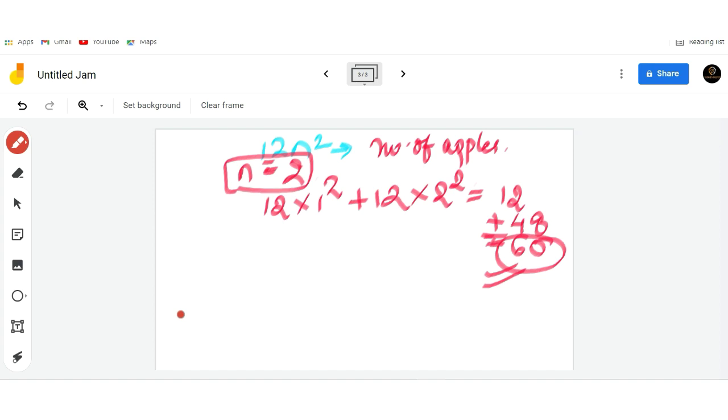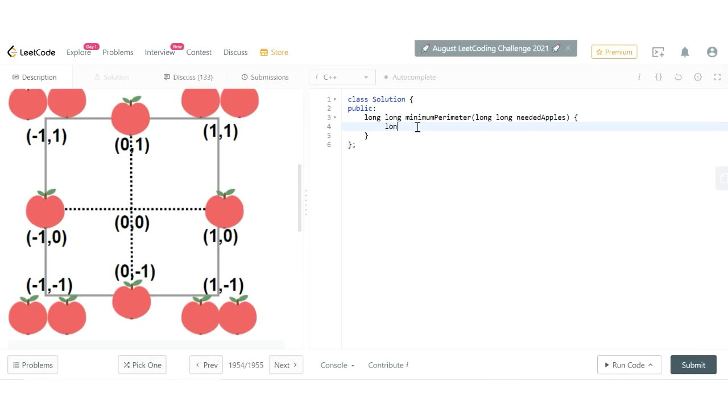Okay, so now let's write the code for this, and if you have any doubt, then just wait and see the code. I am sure that your doubt will be cleared by the code. We will make a sum variable and a counter variable which will increase the size of the square. So here we are writing it in long.